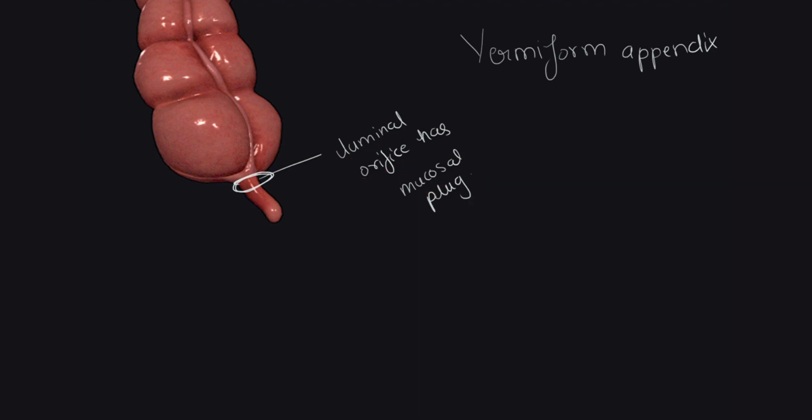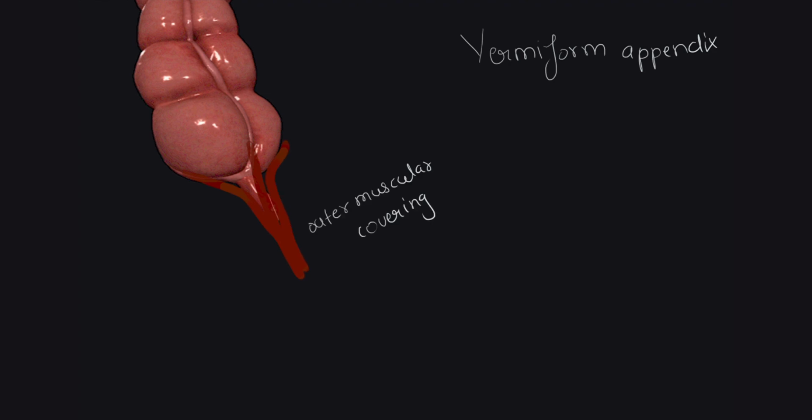So that being said, if you look at the outer covering of the vermiform appendix, you can notice that there are the taeniae, and we know the taeniae are muscular, made up of smooth muscle cells. So the lateral taenia, the medial taenia, and the other taenia come together to form the outer muscular covering of this entire structure.